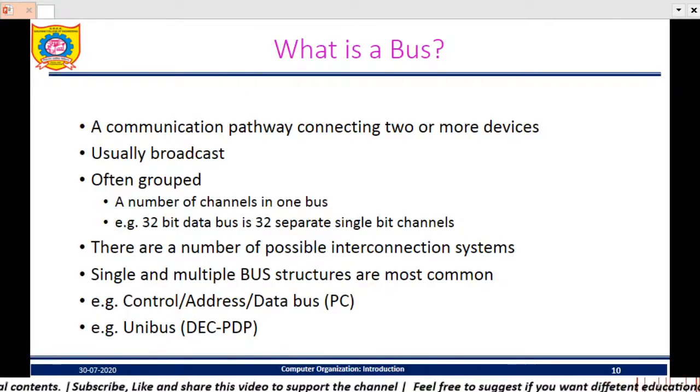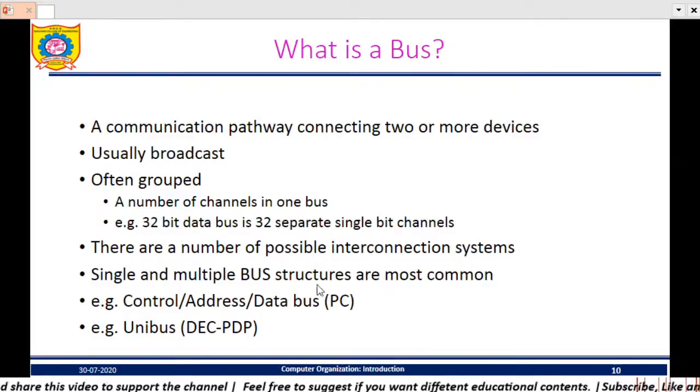Address bus, data bus and control bus are the internal buses of a system. A 32-bit data bus is a separate single-bit channel for sending data either from memory to CPU or from CPU to memory.